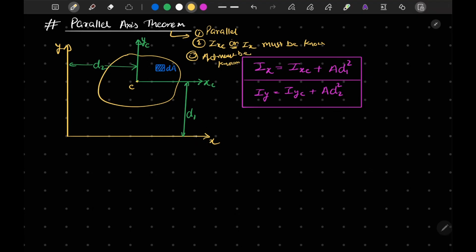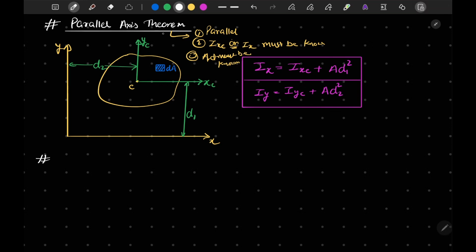So I about the unknown axis will be I about the centroidal axis plus area times the distance between the axes, squared.